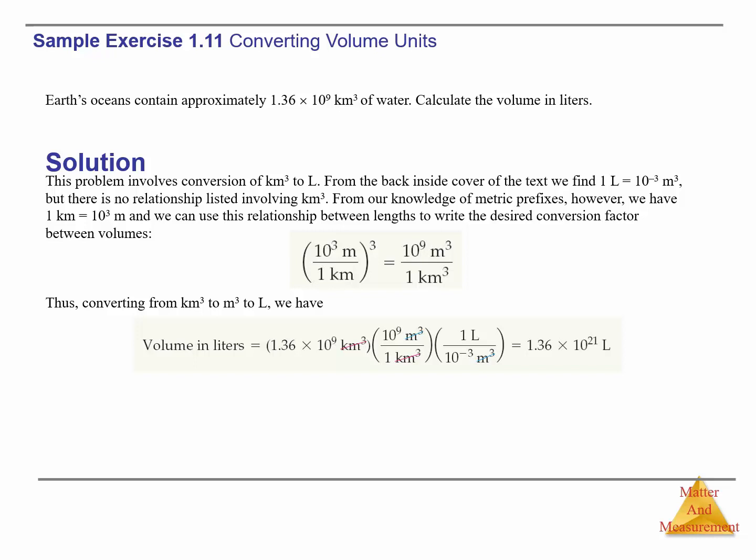You see here, units cancel out, and liter is our desired unit. And the number of significant figures here is 1, 2, 3. It is the same as our given value, 1.36.